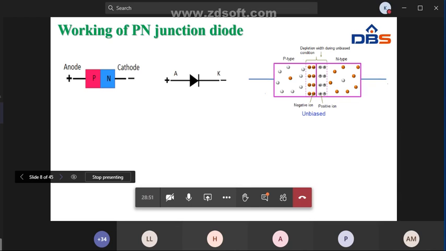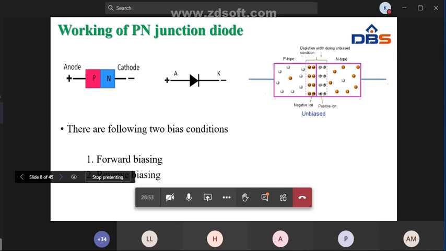Now we will see the working of the PN junction diode. So this is the symbol of the PN junction diode. The positive terminal is the anode and the negative terminal is the cathode.